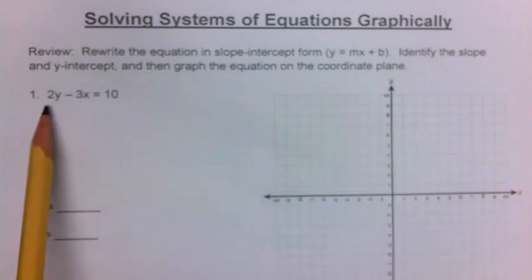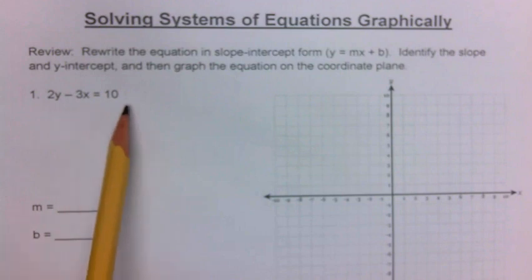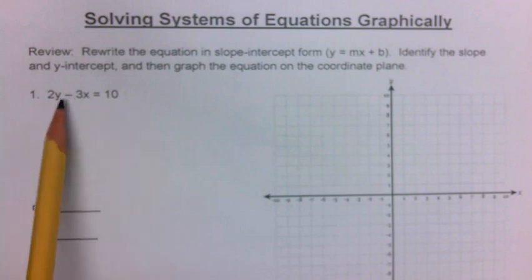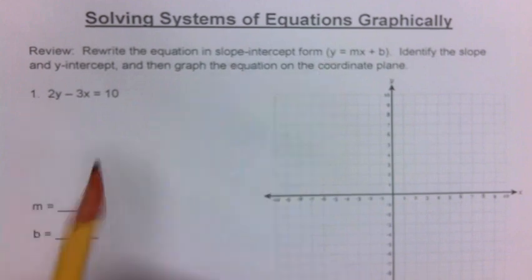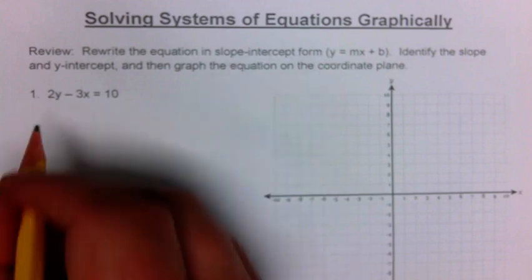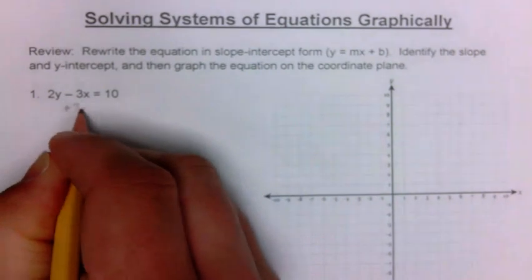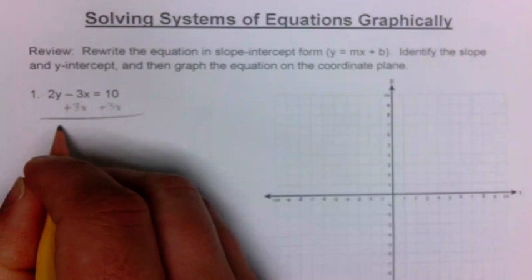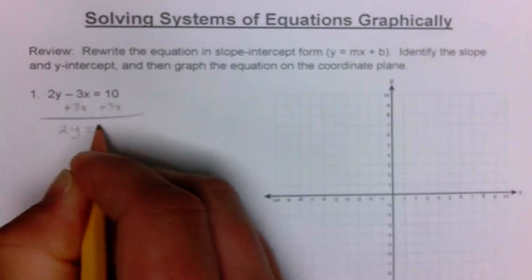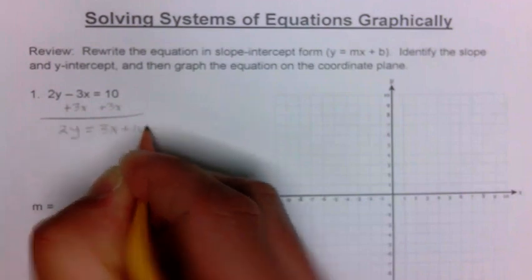Okay, so our equation says 2y minus 3x equals 10. In order to make it look like it's in slope-intercept form, we have to isolate the variable y. So the first thing that we're going to do in this example is add 3x on each side. Once we add 3x to each side, the equation becomes 2y equals 3x plus 10.